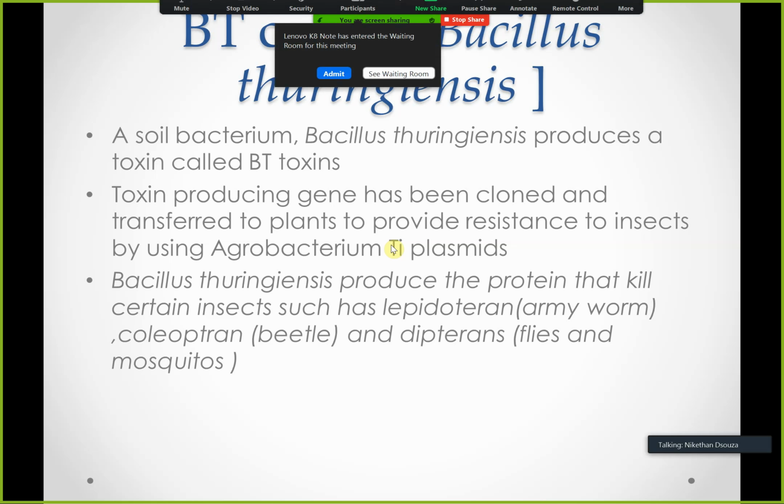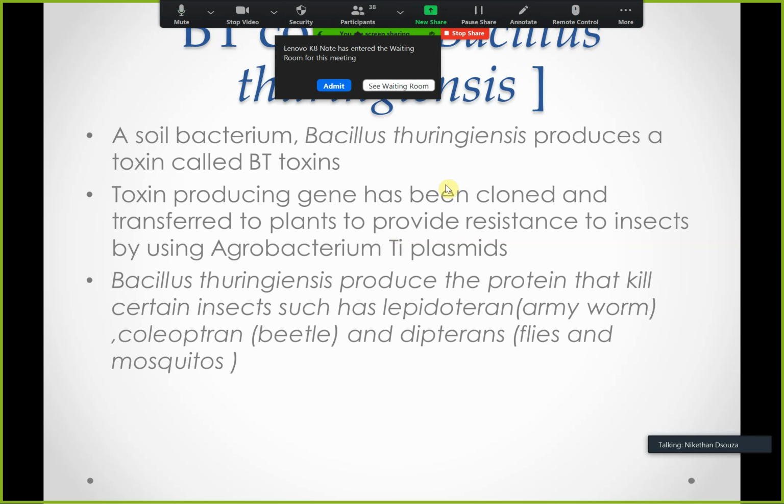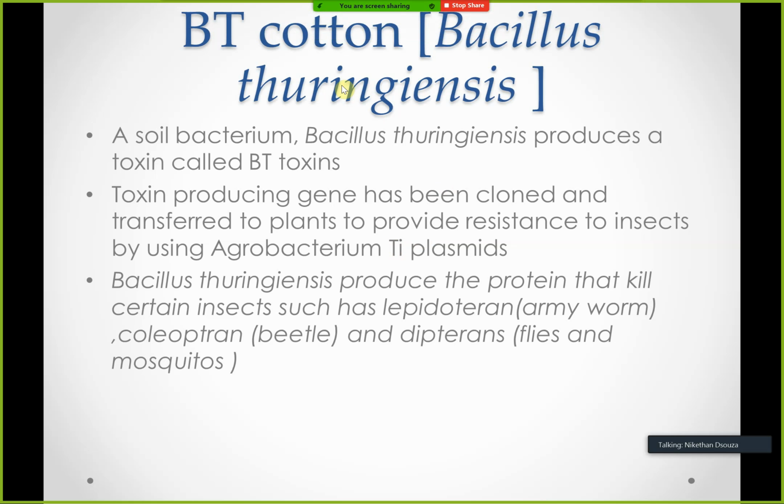These toxin producing genes are introduced into the plant using Agrobacterium tumefaciens, using a plasmid called the Agrobacterium Ti plasmid. As I explained, the Ti stands for tumor inducing plasmid.